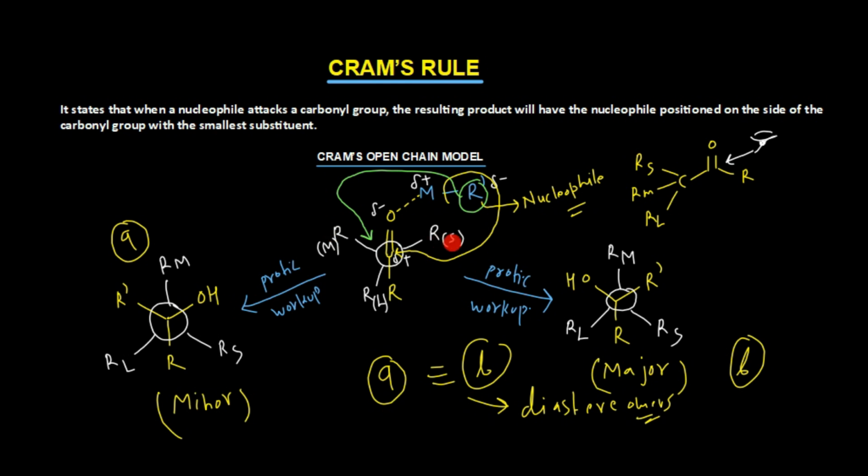Say this is a smaller group, this is the medium group, and due to this coordination this becomes very bulky. So to avoid the steric repulsion, it is better placed in between the medium and the smaller group. That's why it has to attach from the side of the smaller group.